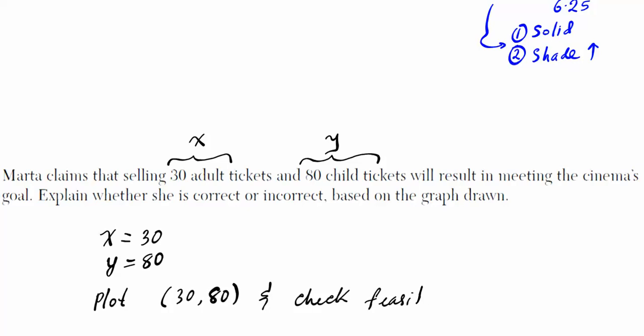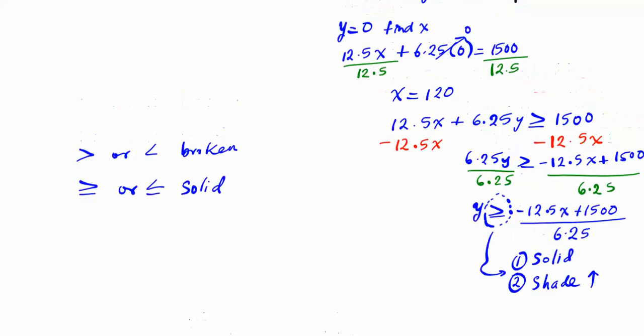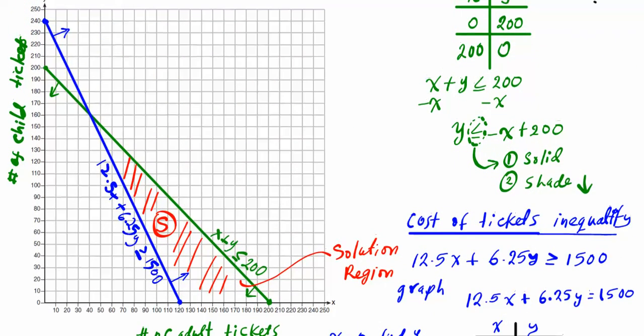Is it in the shaded region? All right, so where is 30, 80? Go back to the graph. 30, 40. 30 for the X is right here. 80 for the Y is right there. So we have something there.